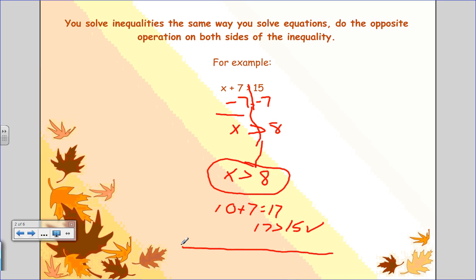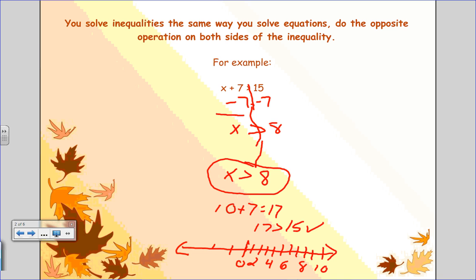Number lines don't have to be anything special. You don't have to have a perfect number line here. I need to show 0. I just need to go out far enough that I can see the number I'm graphing. I don't have to label. I'm just labeling every other one here.